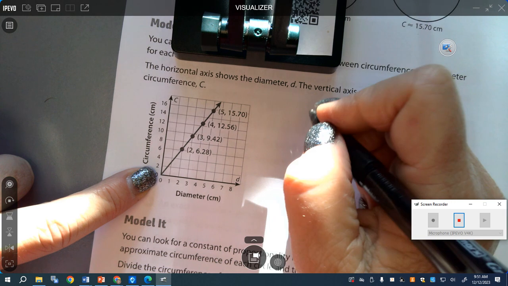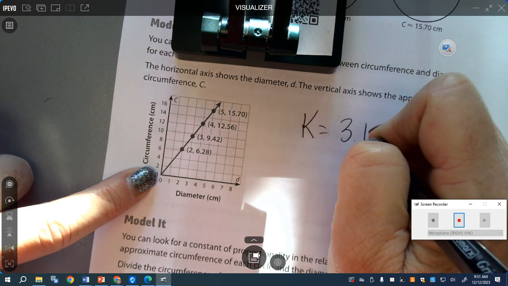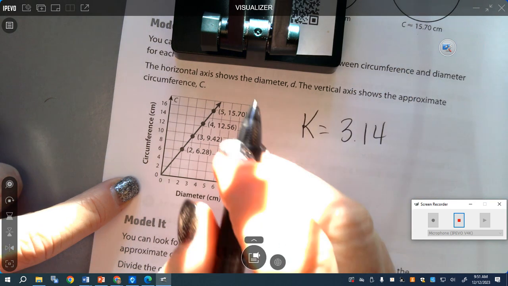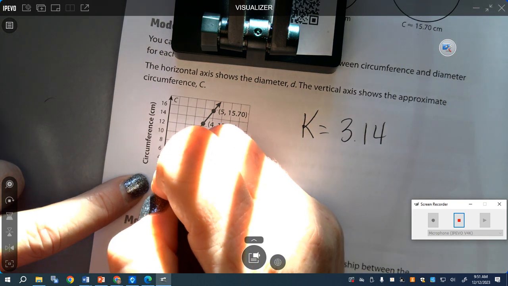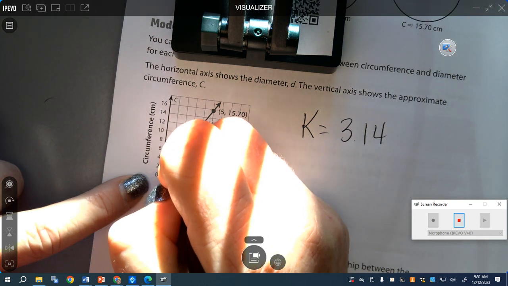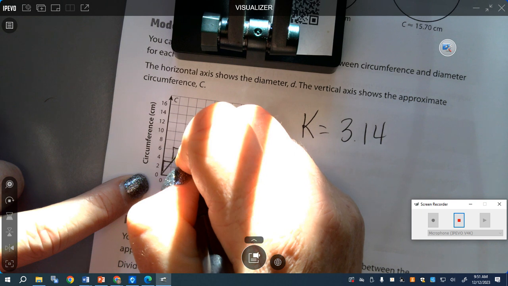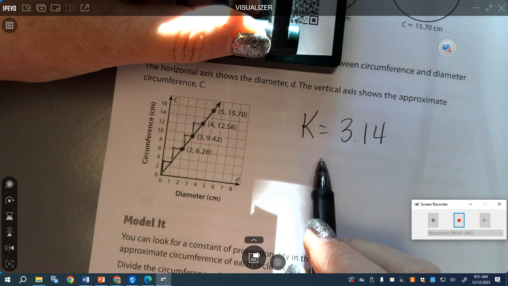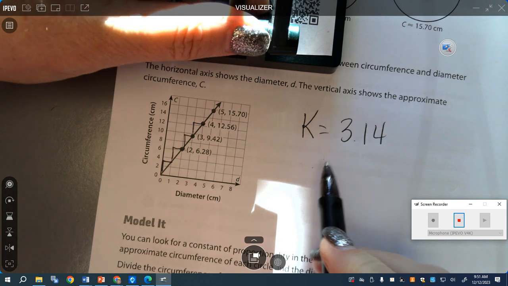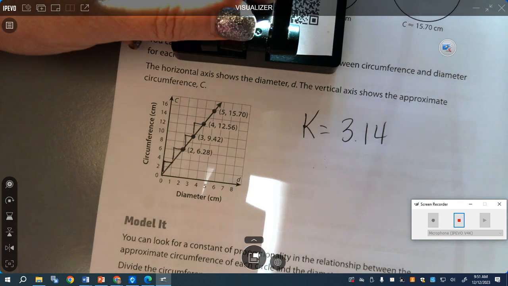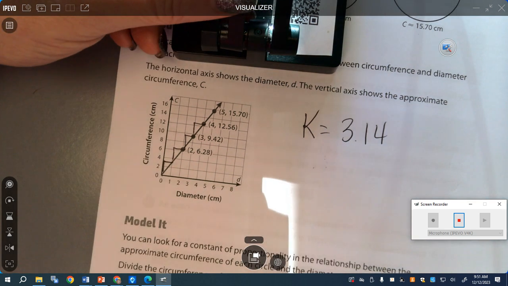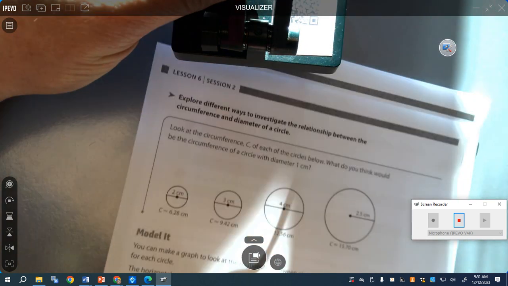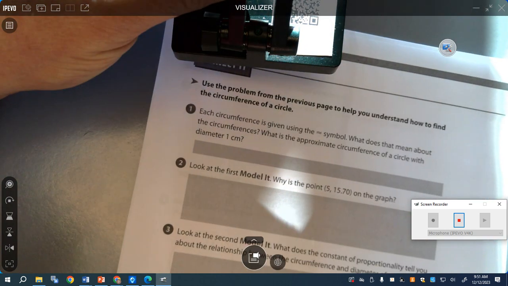The constant is 3.14 because it goes up 3.14 for every 1. So the constant of proportionality is this. And for 0 centimeters of diameter, there's no circumference. Cool. We are doing so good right now.